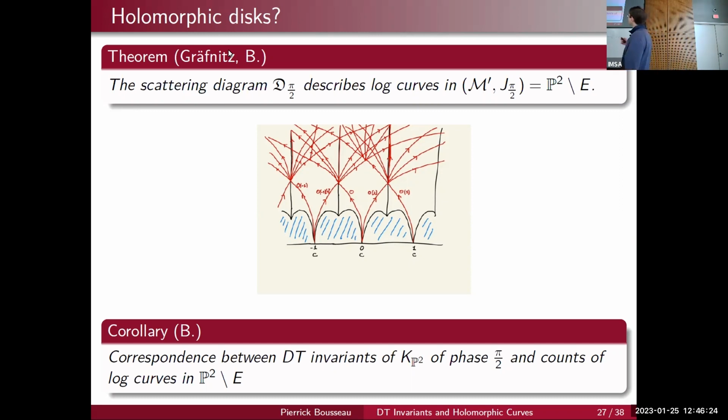And then you can prove that this picture is a correct description of these holomorphic curves. And so you really get one precise version of the general expectation: a precise correspondence between DT invariants of this local projective thing of phase pi over 2 and counts of rational curves in P2 minus the elliptic curve.